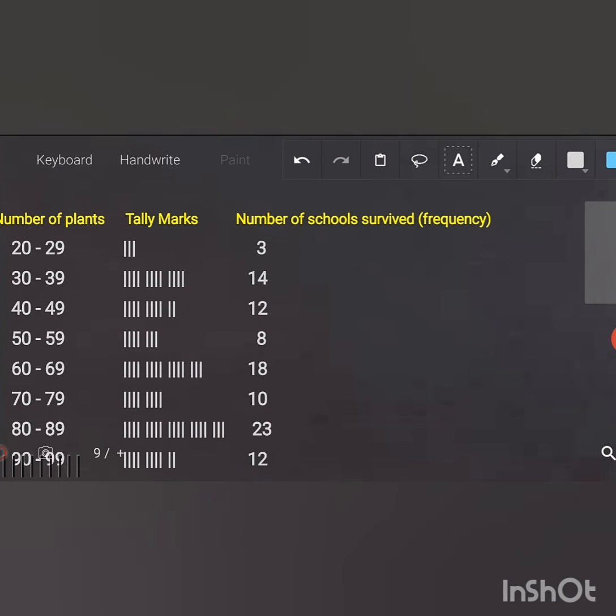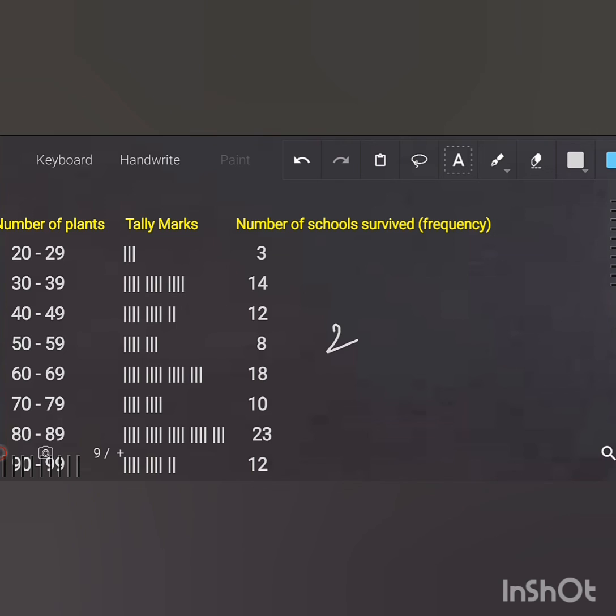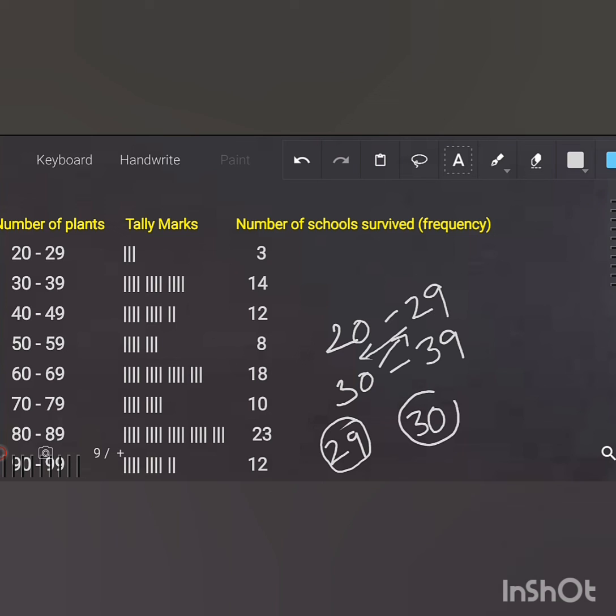Here if you see 20 to 29, 30 to 39, in this kind the upper limit of the first class and the lower limit of the second class are not equal. The upper limit is 29, and in the other one the lower limit is 30.